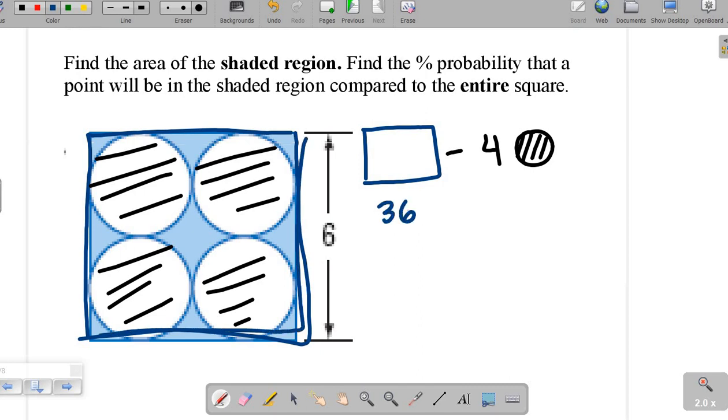That's 36 minus, here was the trick to the entire problem. If that is 6 this way, our diameter is 3, which means our single radius is 1.5. So to get one circle, that's going to be 1.5 squared times pi, and then times 4, because there's 4 of them.